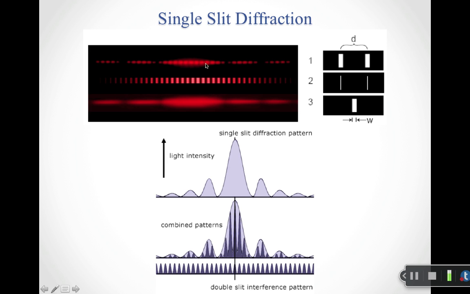These are almost bright enough that they start to bleed together, so the minima aren't very noticeable. They're still there, it's just that the brightness of these spots is saturating the picture, so it's harder to see the minima here than it is to see the equivalent minima out here in this much dimmer diffraction fringe. And so this is what you see in terms of the interference: this single slit envelope on top of your double slit interference pattern.